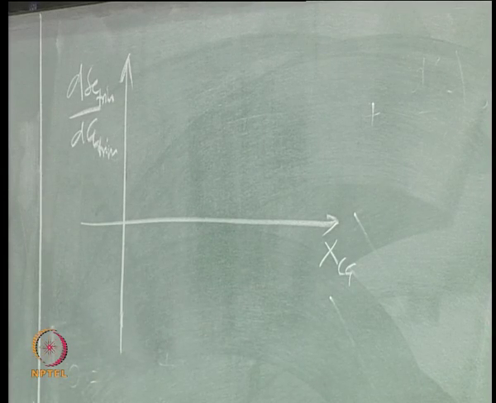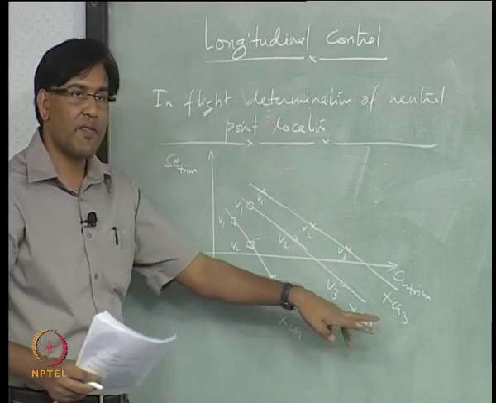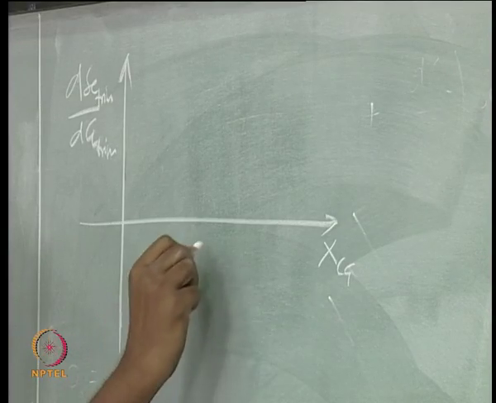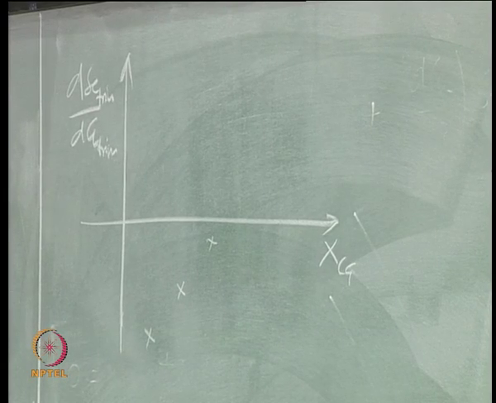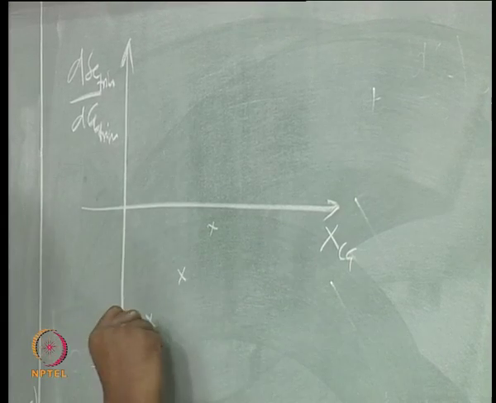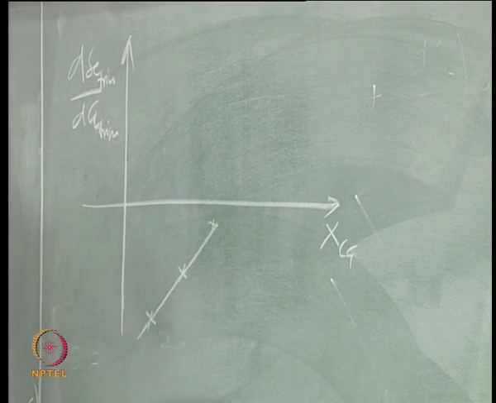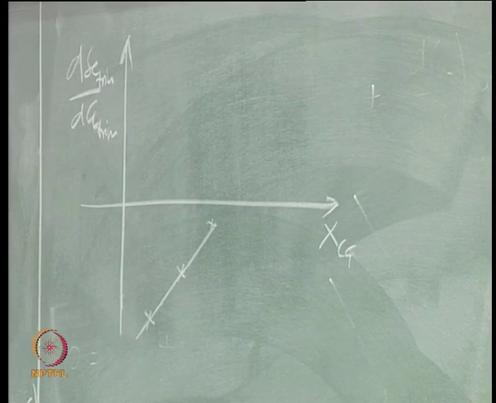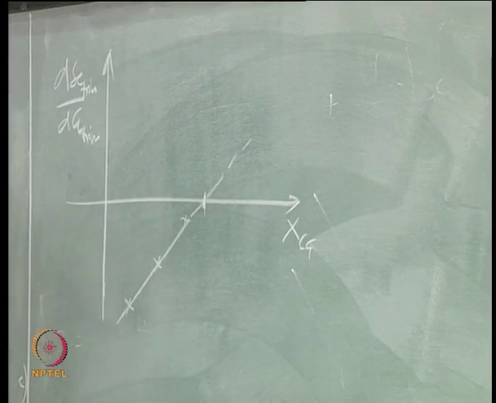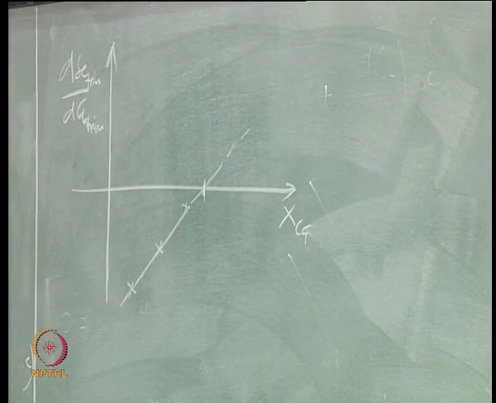So, now I have done these 9 experiments, I would say, okay, for 3 different CG locations. I have found the slope, and I am getting 3 values of this quantity, right, and passing a line through these 3 points, extrapolated, it is going to cut this x axis somewhere, and that is the location of the neutral point.